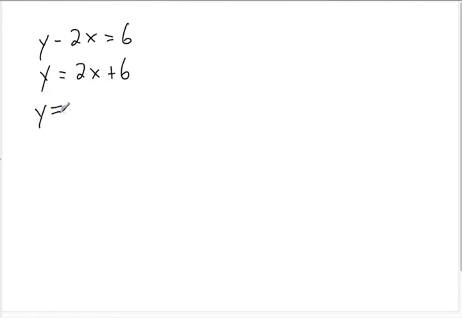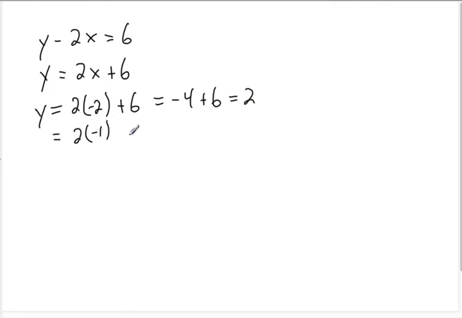So y equals 2 times -2 plus 6, which is -4 plus 6, which is 2. We'll plug in -1, 2 times -1 plus 6, which is -2 plus 6, which is 4.